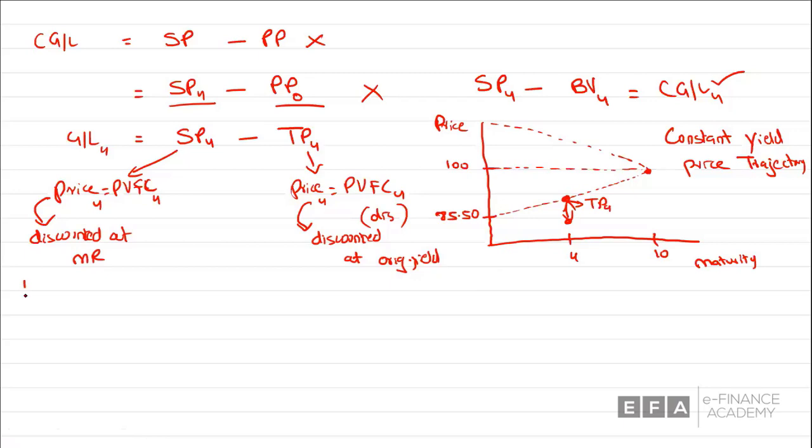If I take you back to the cash flows, if you remember 4, 5, 6, 7, 8, 9, and 10, the cash flows in both cases would be 8, 8, 8, 8, and 100, right? So how do we find the selling price? We know N in this case is 6, payment is $8, future value, which is par value, is 100, and the yield will be the market rate.